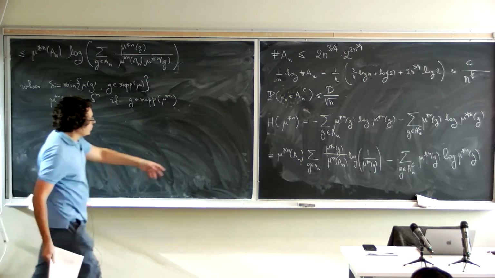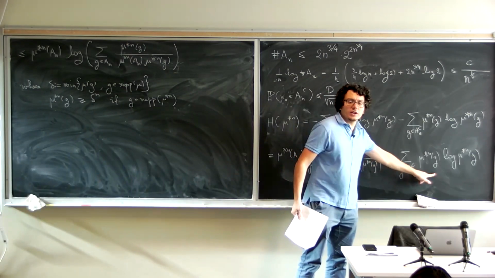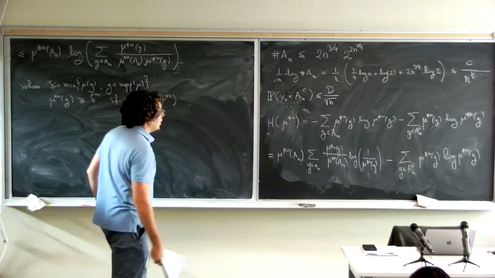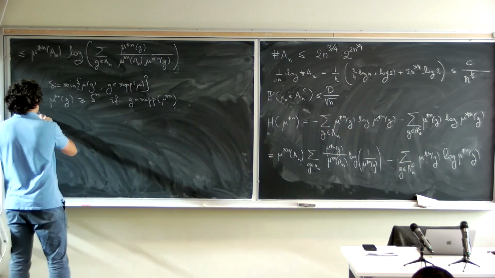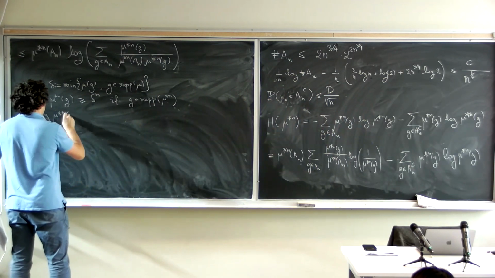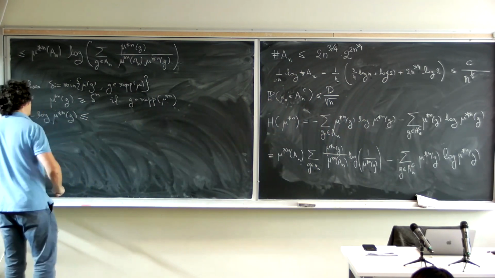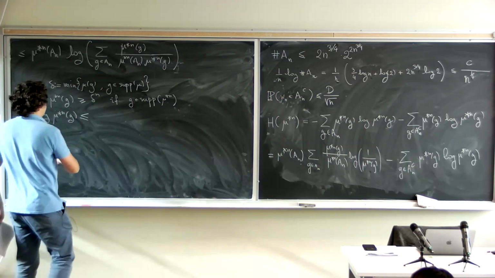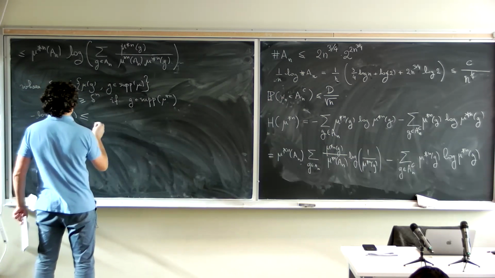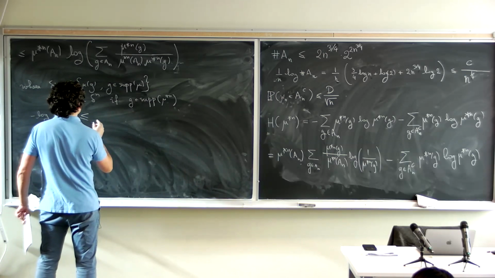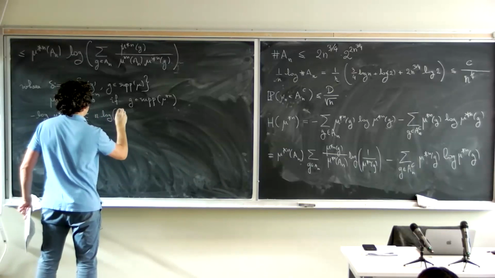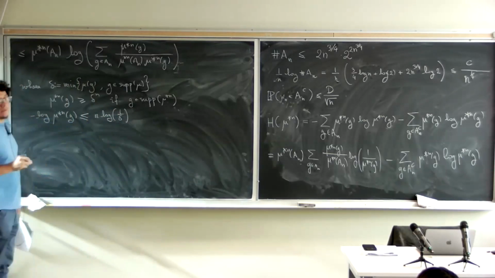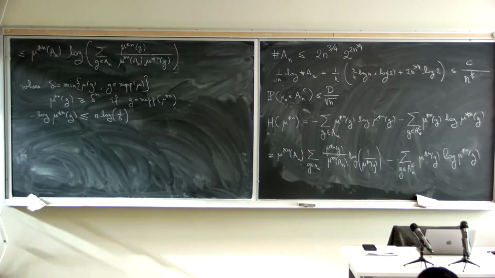And this is used to estimate this one, because minus log of mu star n of g is bounded above by n log 1 over delta. This is a pretty standard thing.